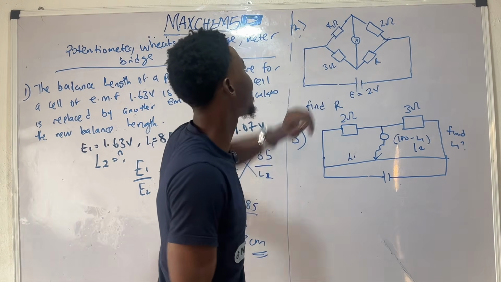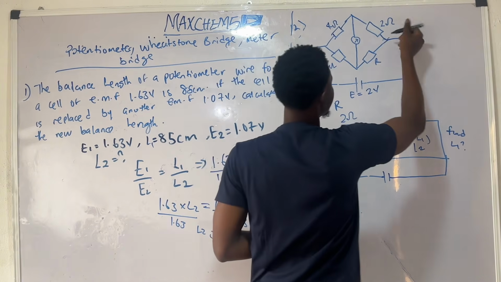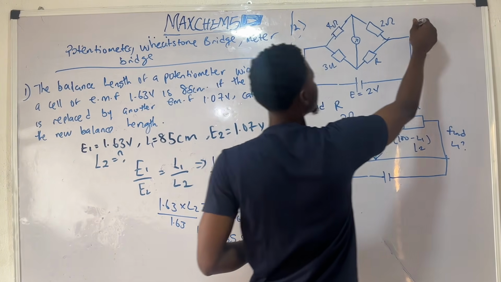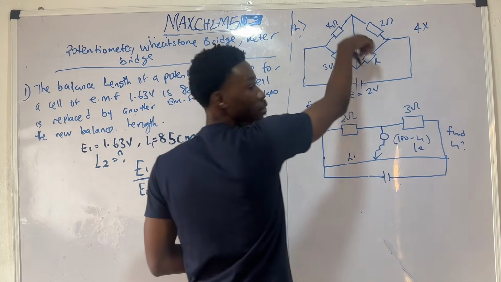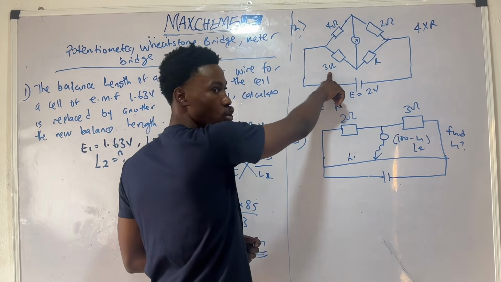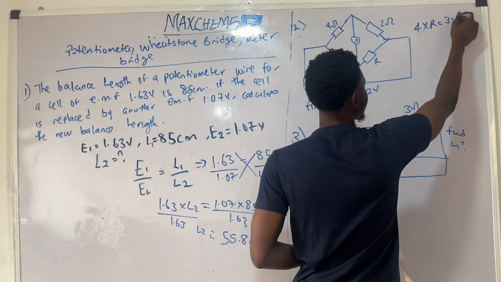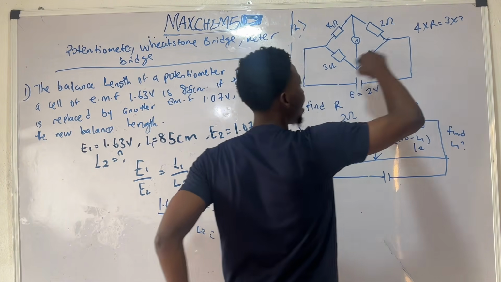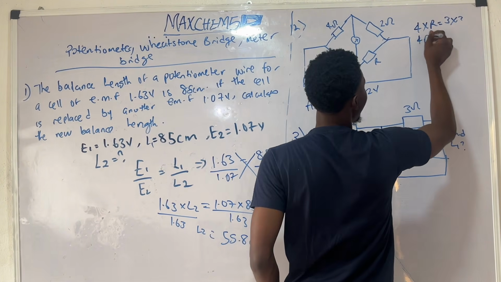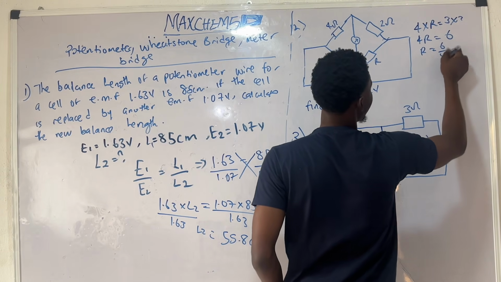So you can denote this as, let's say I have my 4 ohms multiplying the opposite side, which is the resistance here, R, and my 3 ohms multiplying the opposite side, which is 2. So that is 3 times 2. So I have 4R is equal to 6. So R is equal to 6 divided by 4.